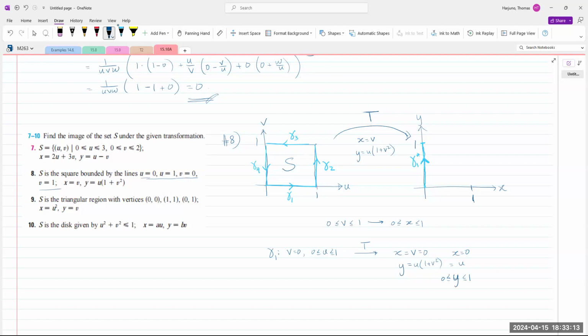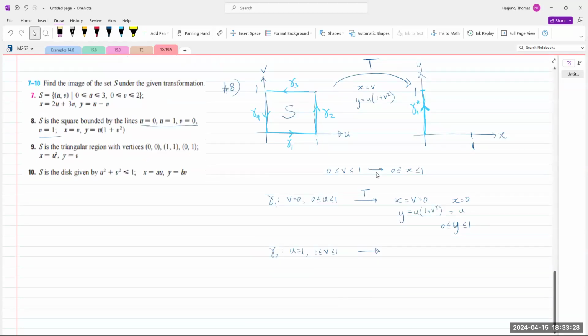Okay, now let's go to gamma 2. For gamma 2, u equals 1, but φ is from 0 to 1. Under that transformation, notice that x equals φ, so x will be from 0 to 1. But how about the y?